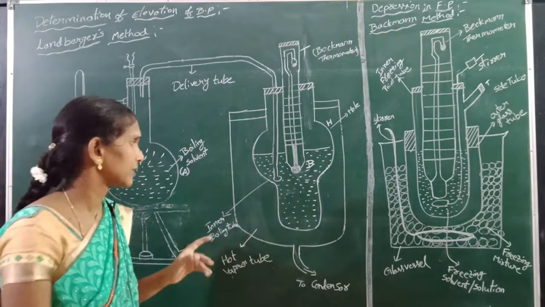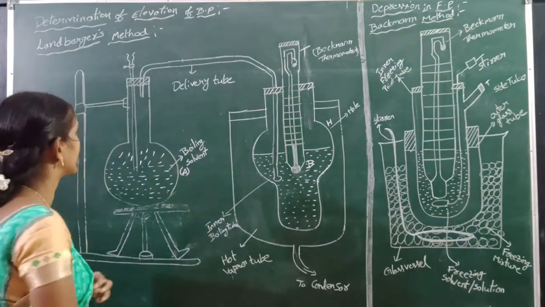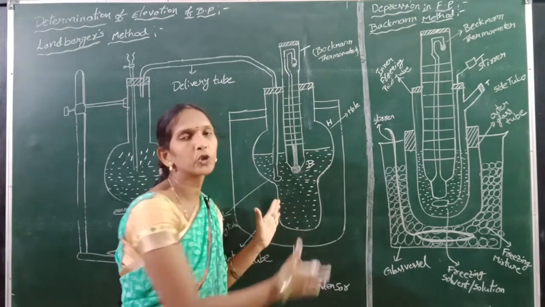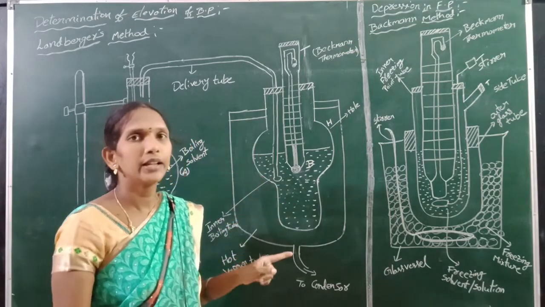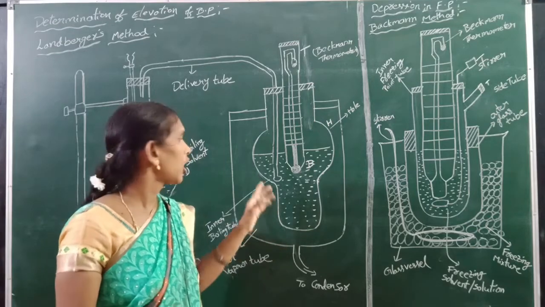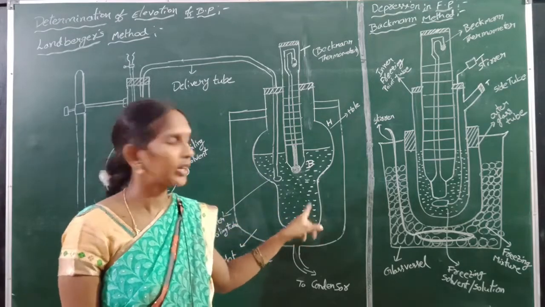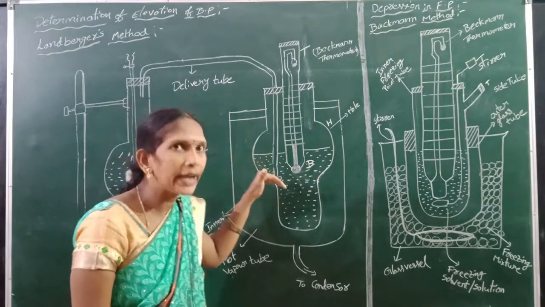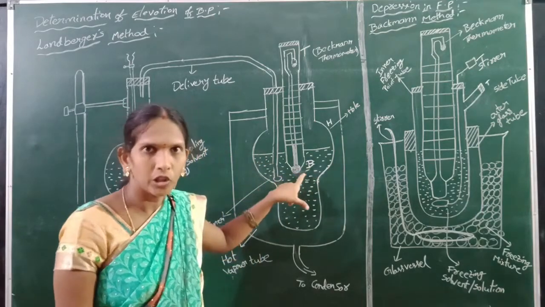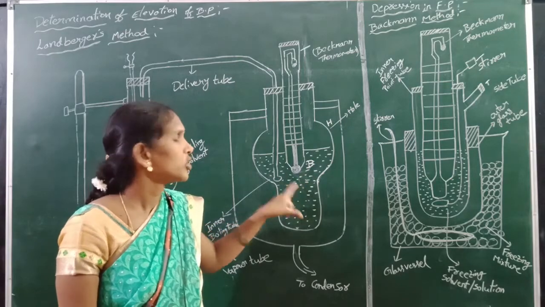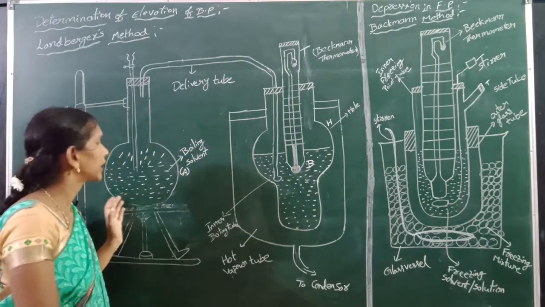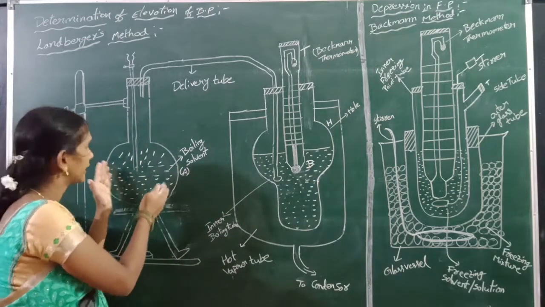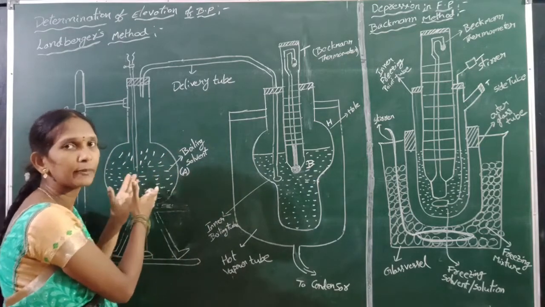Next, in this inner boiling tube we add some amount of solute. Solvent is already present, and then we add solute and repeat the process.